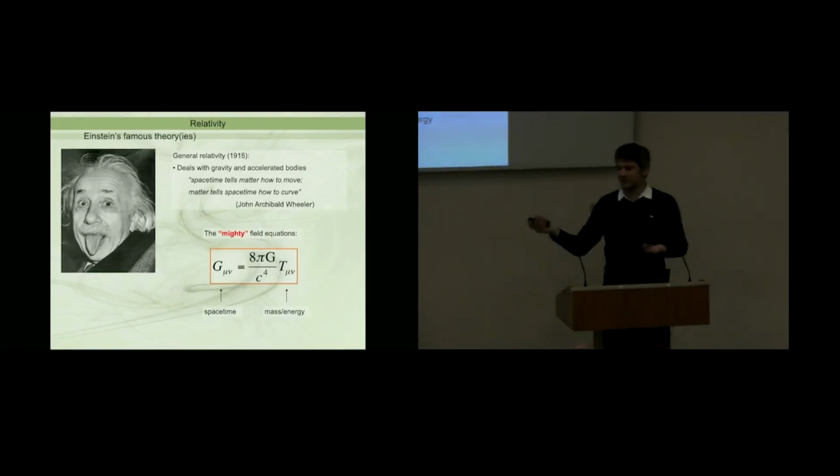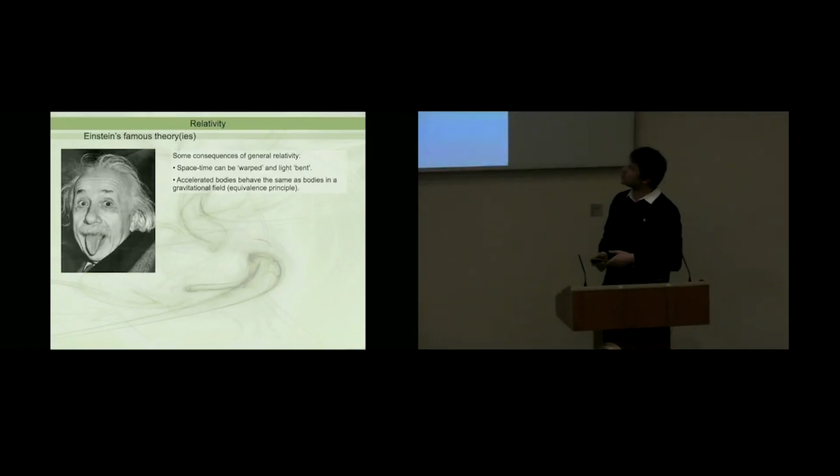We won't get into all the maths, but on one side, it's space-time, and space-time is equivalent to the content of the universe, so mass and energy that lies within space-time. We'll see some illustrations of that.